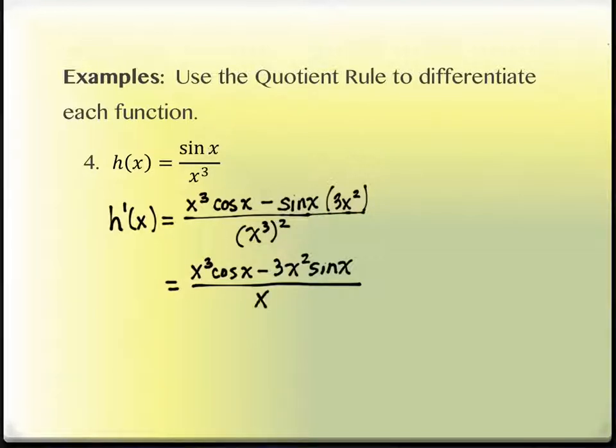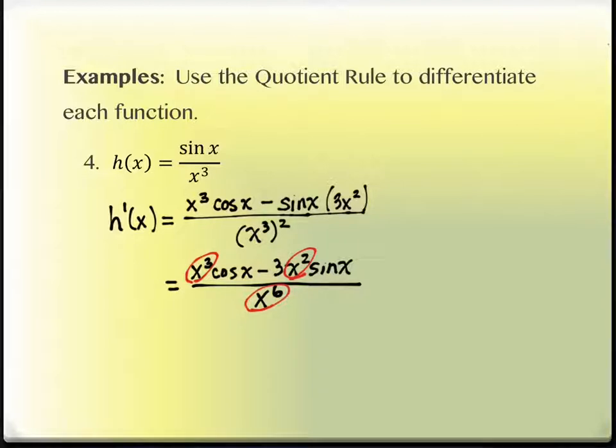X to the 6th. So this one still has subtraction in it, like we talked about on the last one. So we can't just cancel things out randomly, but in fact, all of the pieces of the numerator do match with something in the denominator. So I can simplify. How many of the x's are going to cancel out? 2.